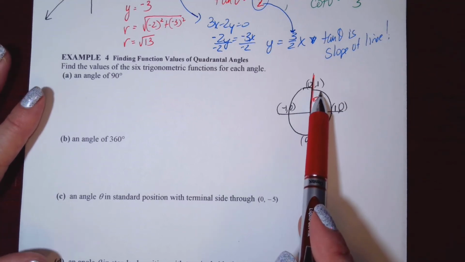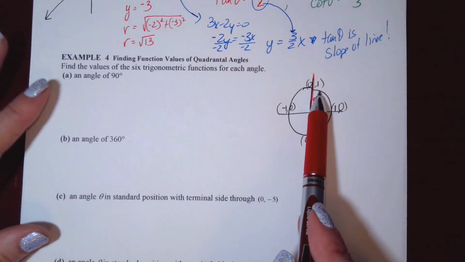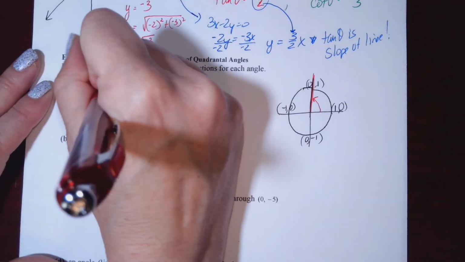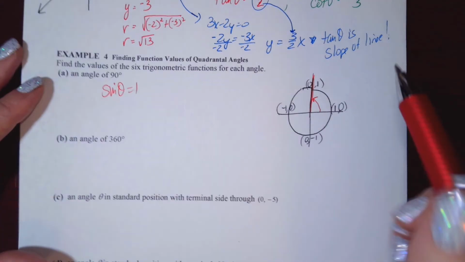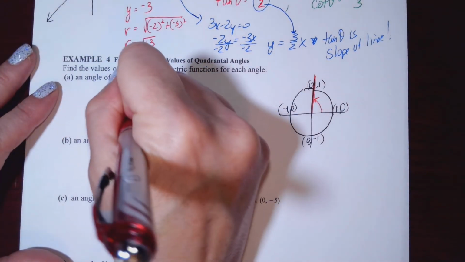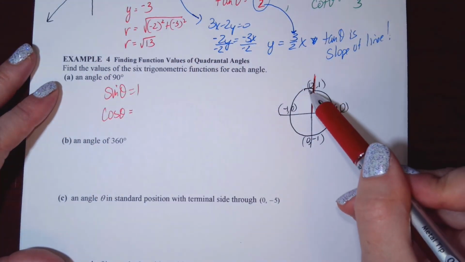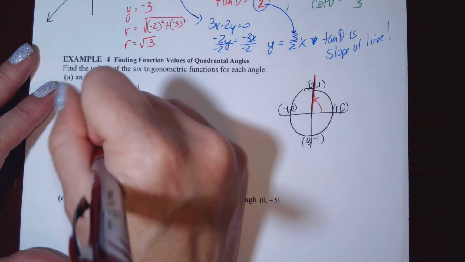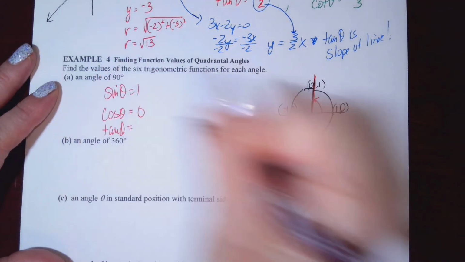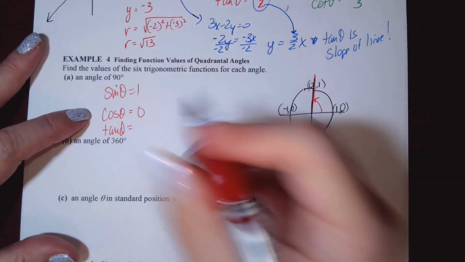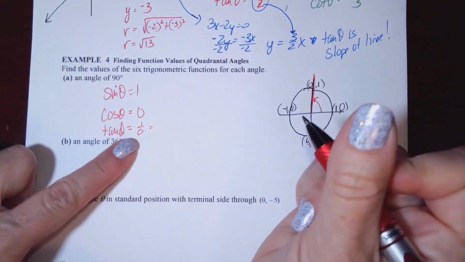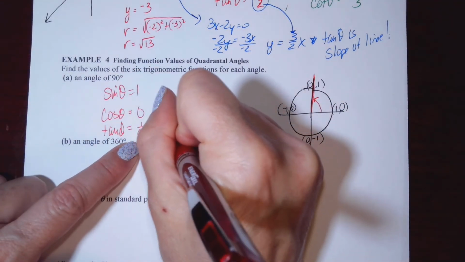If r is 1, 1 over 1 is just 1. So sine theta is just 1. Cosine theta is x over r. 0 over 1 is just 0. And tangent theta is y over x. Well, if x is 0, 1 over 0, 0 in the denominator, that's undefined.